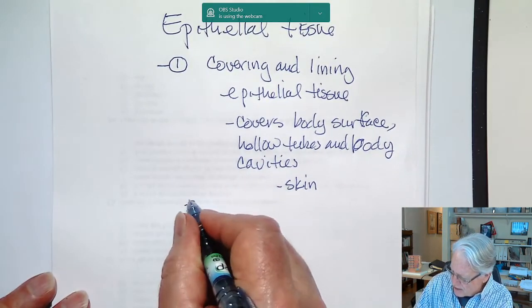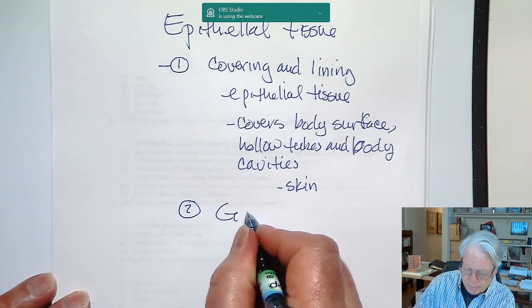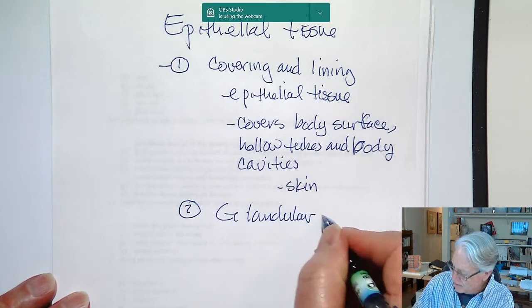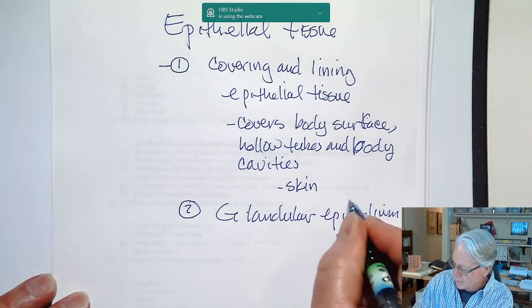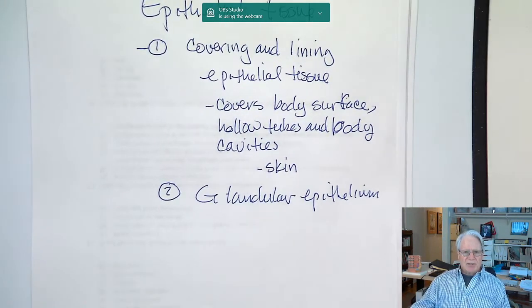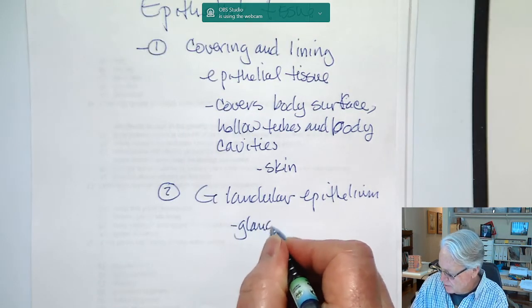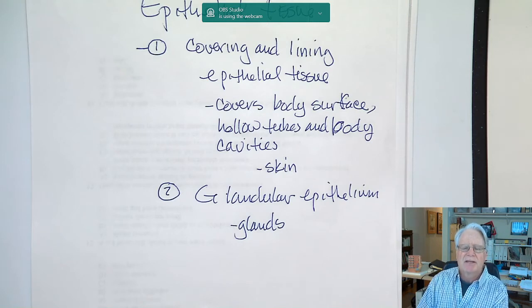A second type is glandular epithelium. So glandular epithelium is just what it sounds like. This produces our glands. So here we're going to be looking at glands, and all kinds of glands. The thyroid gland, the adrenal gland, the liver, which is a gland.